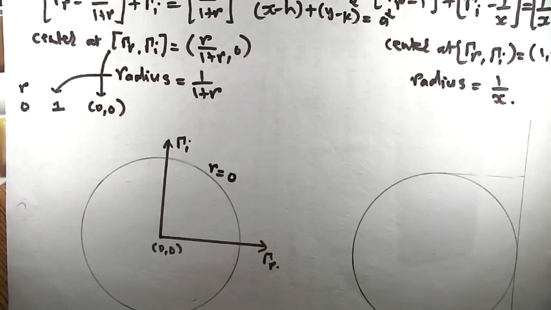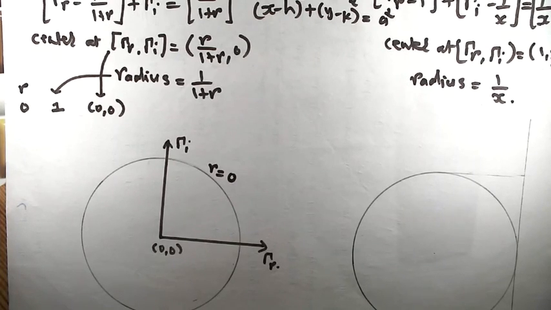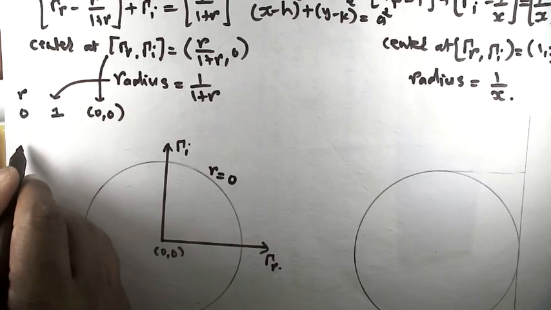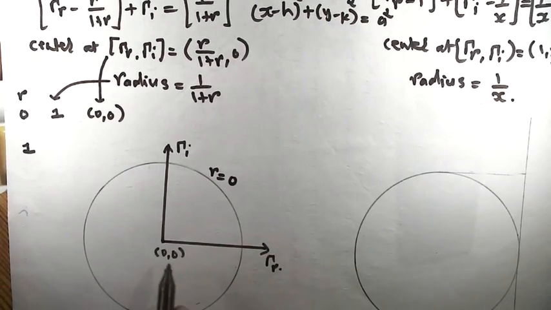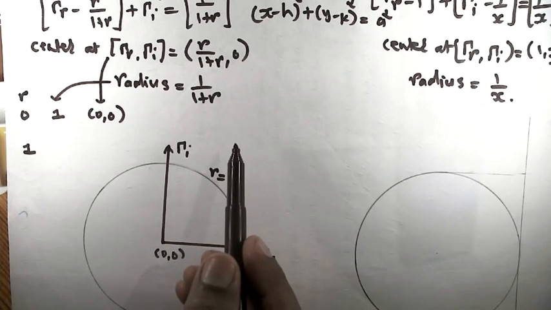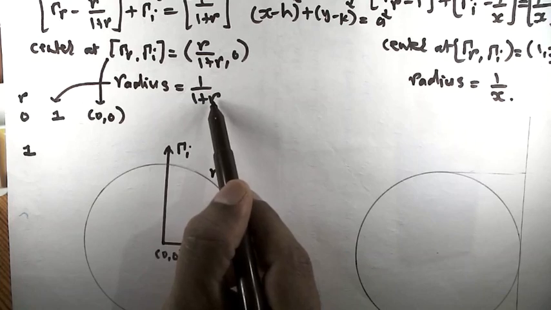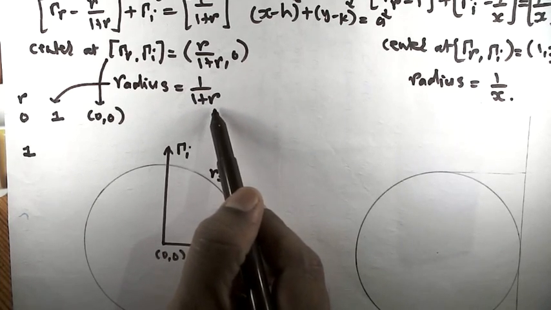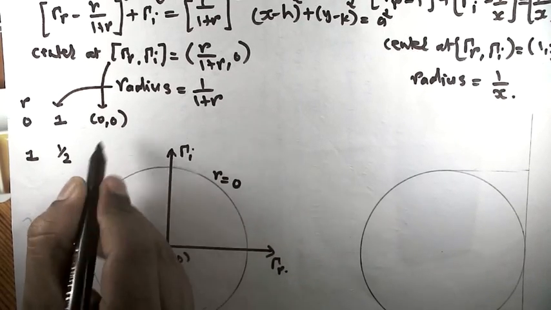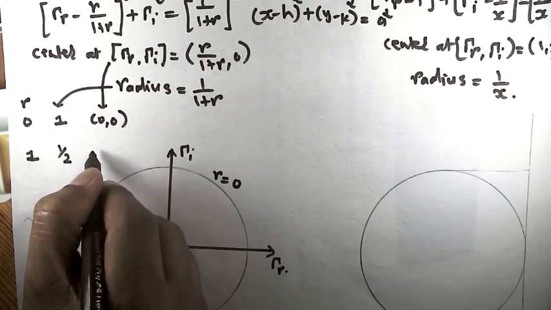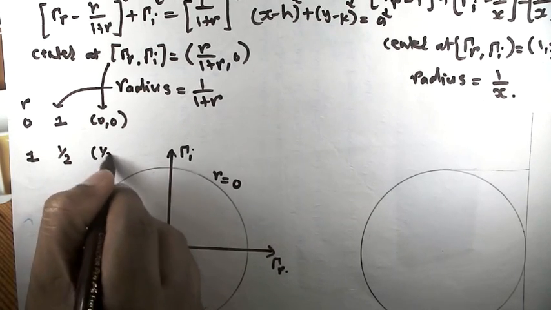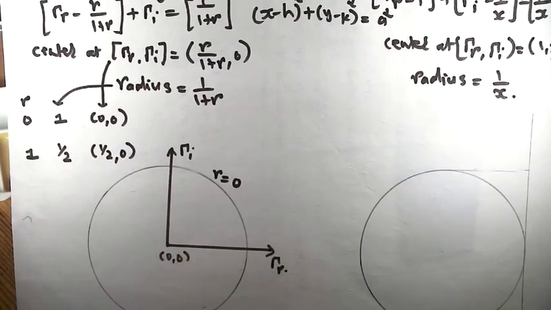In the same way, let us take another value, r equal to 1. Then the radius becomes 1 over 2, so the radius is 1 by 2, and the center becomes 1 by 2 comma 0.